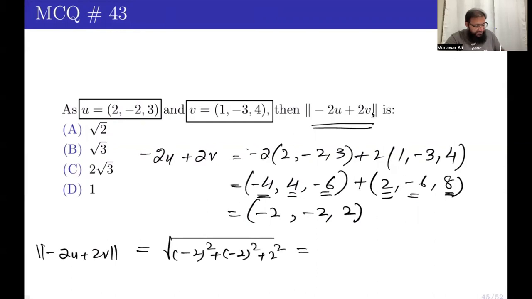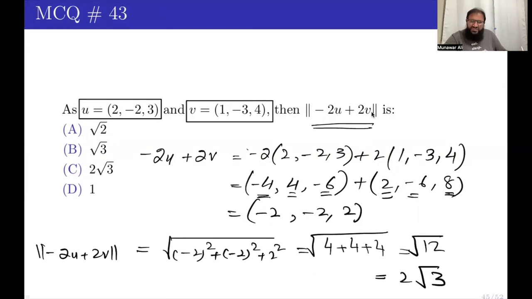So this is going to be 4 plus 4 plus 4, which is 12. And if you find its square root, this is going to be 2 square root of 3. So this is a seemingly very simple question. The answer is 2 square root of 3, which is option C.